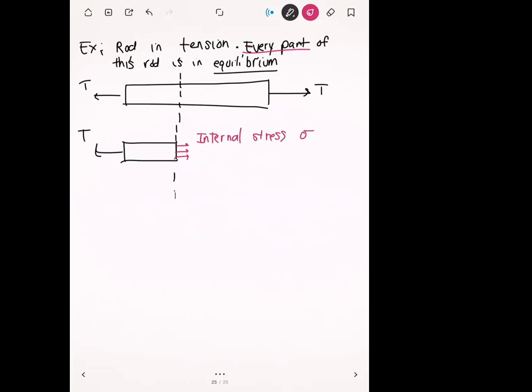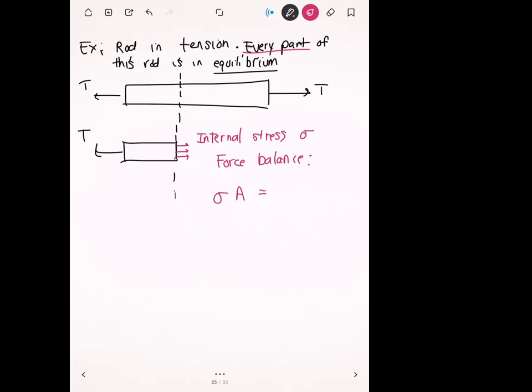Okay. And so we'll call that internal stress sigma. And so if we make a force balance here, or let's say let's balance the forces on this diagram. On the one hand, we have the internal forces.